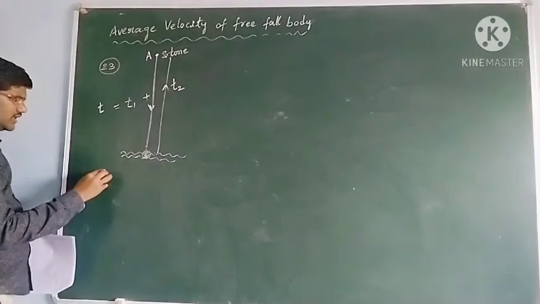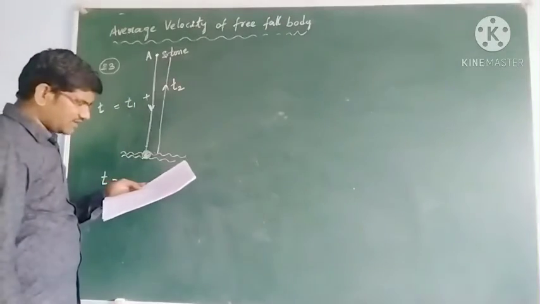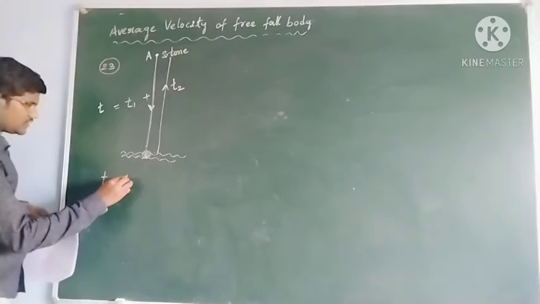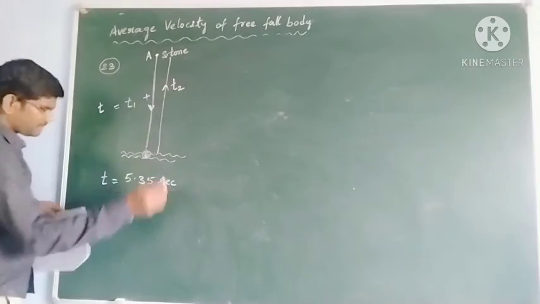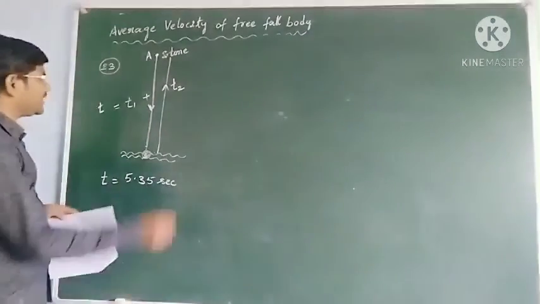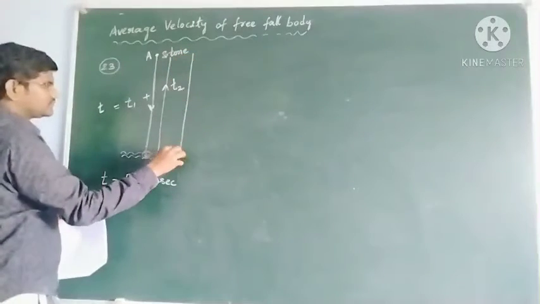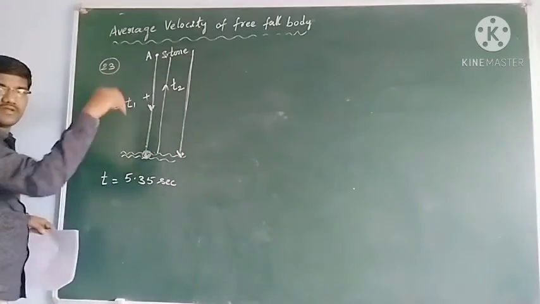So the total time they have given for us, t is equal to 5.35 seconds, since the splash is heard 5.35 seconds after the stone is dropped into the well. And the depth of this well is given for us, the water depth from the top of the well.